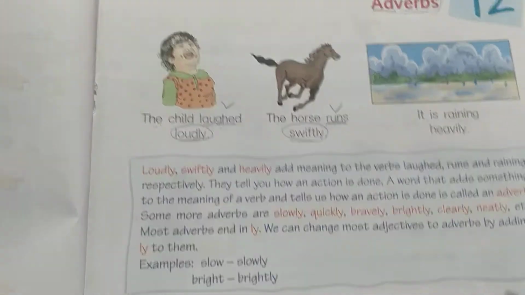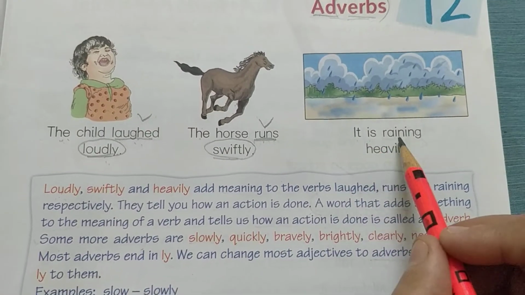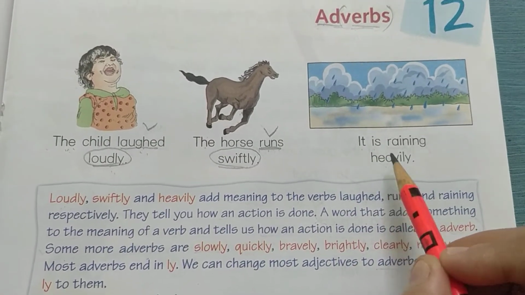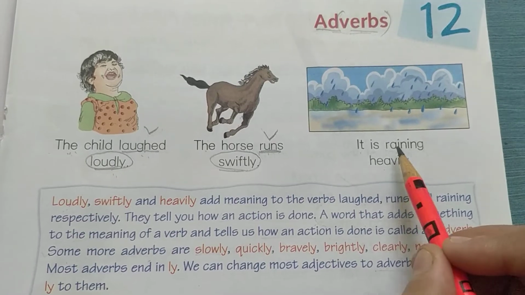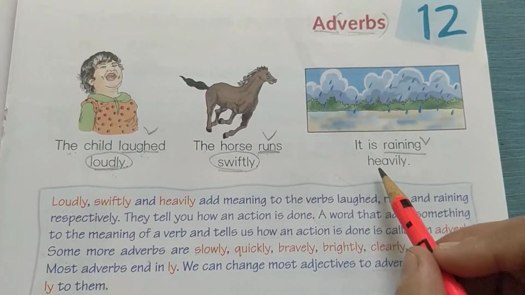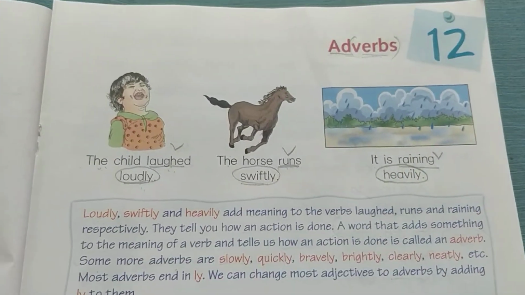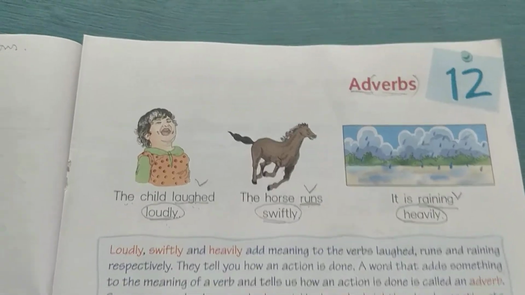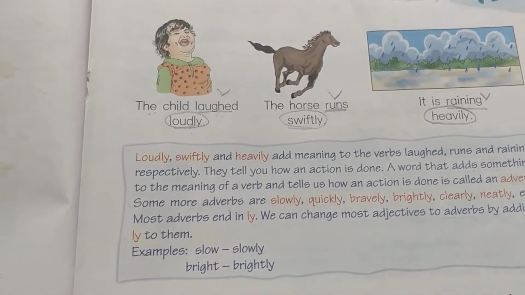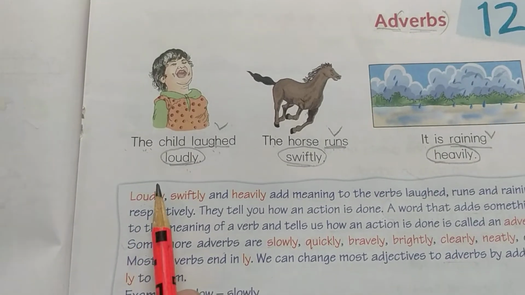Okay? Now look at the third picture. It is raining heavily. So it is raining. Raining is our verb. So how is it raining? It is raining heavily. So heavily is our adverb. Now look at this blue box. See these highlighted words in red?